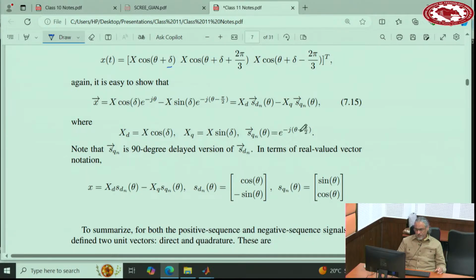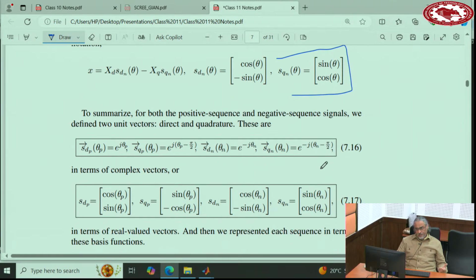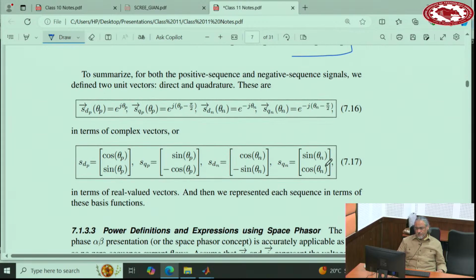And SQN again has a 90 degree phase shift with respect to SDN. So SQN is 90 degrees behind SDN. Summary: these two equations summarize everything, basically. You define these four vectors, SDP, SQP, SDN, SQN, either in complex or in real domain.